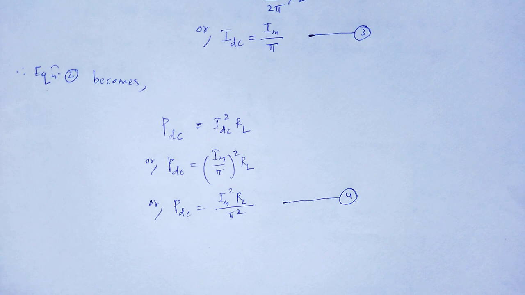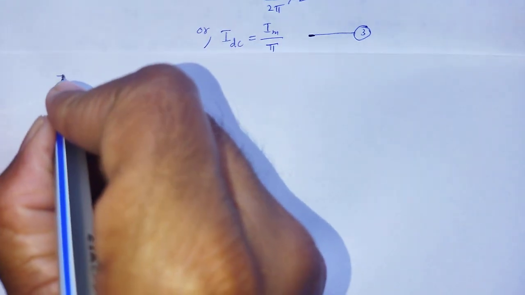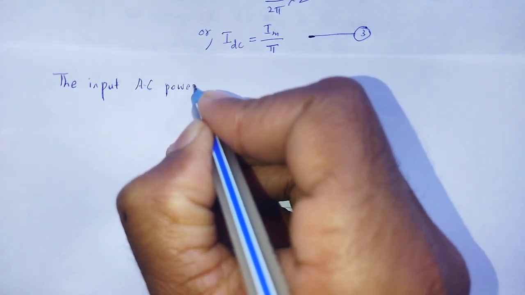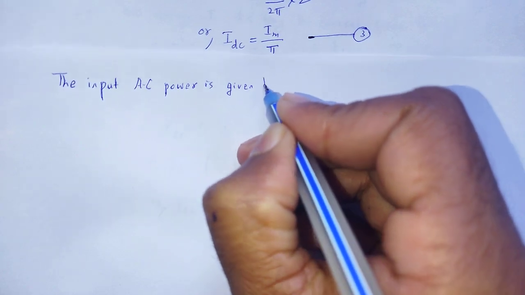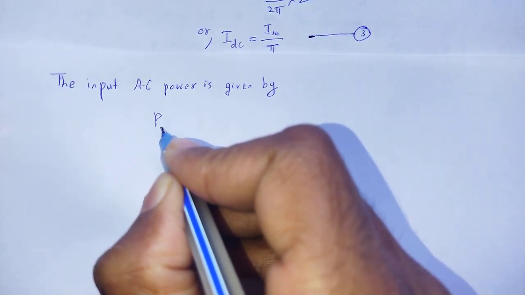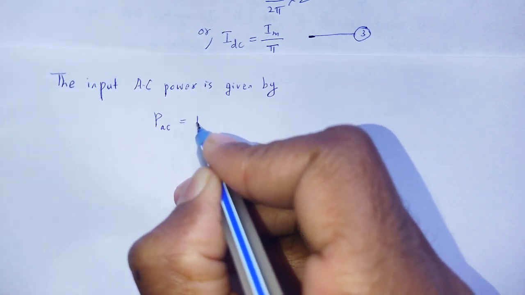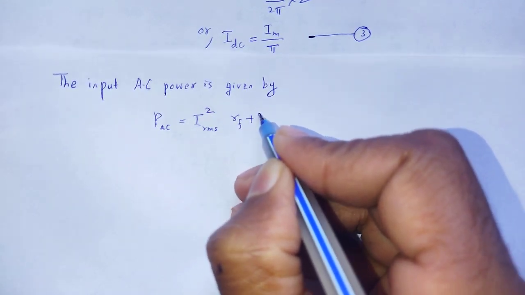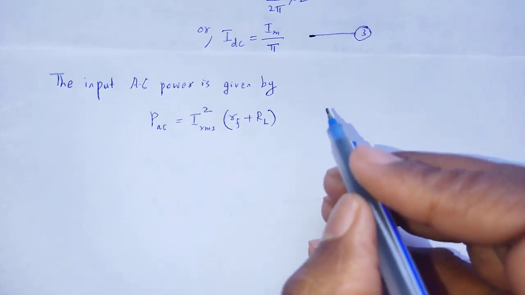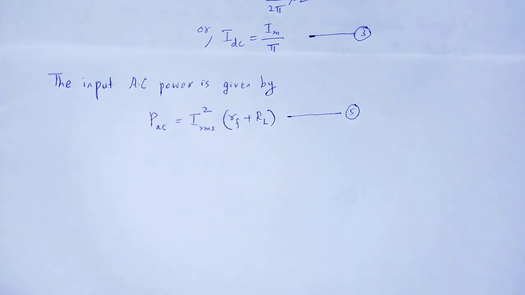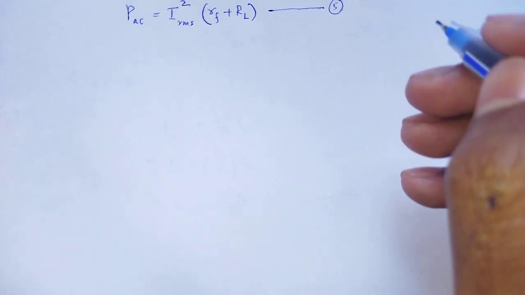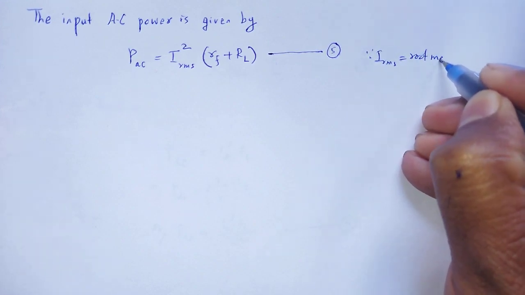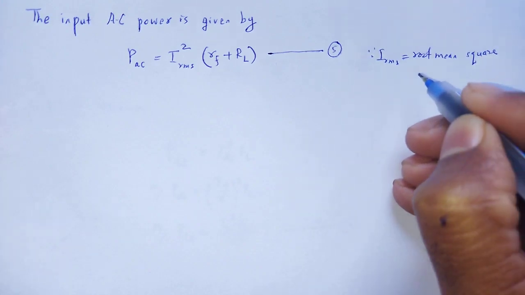Now the input AC power is given by P of AC is equal to I RMS square, root mean square, times R F plus R L. Equation number 5, where I RMS is the root mean square value of current.